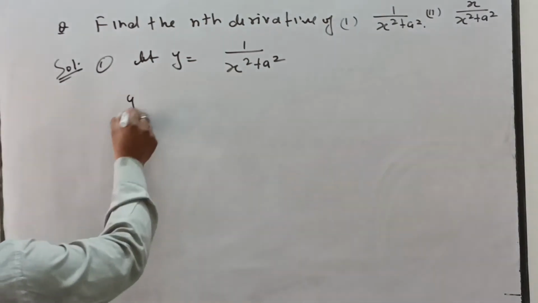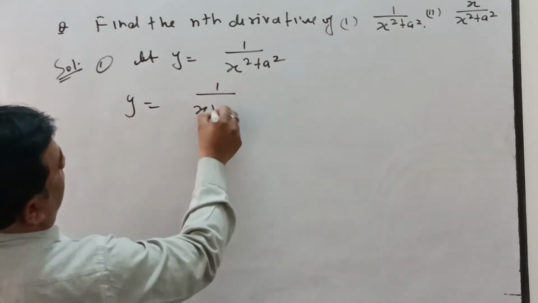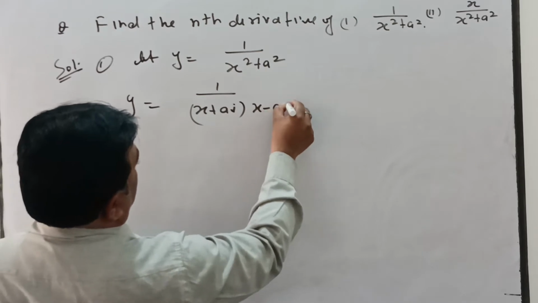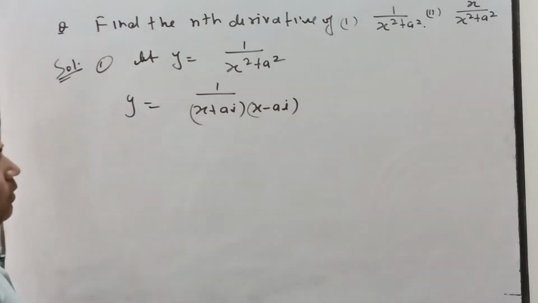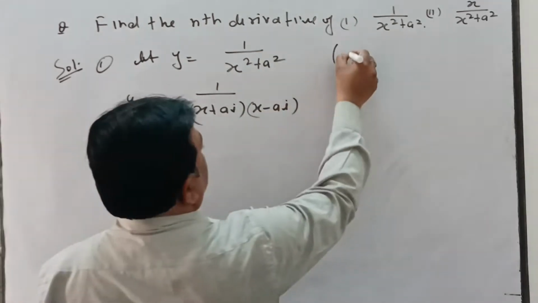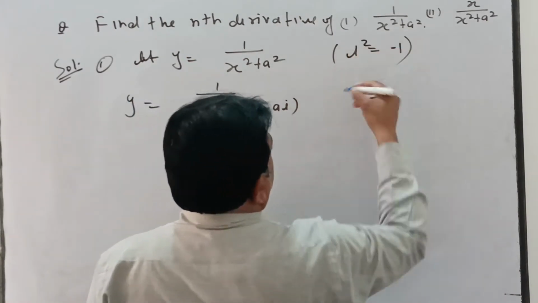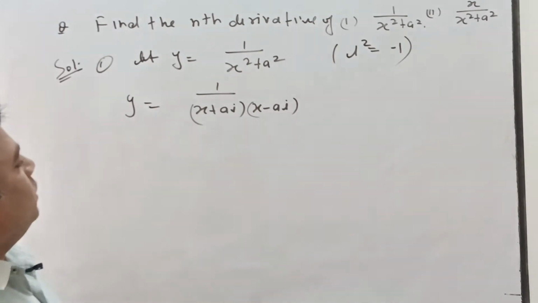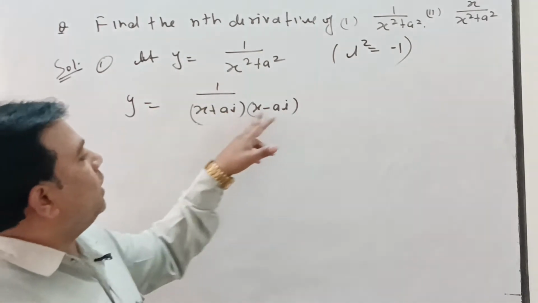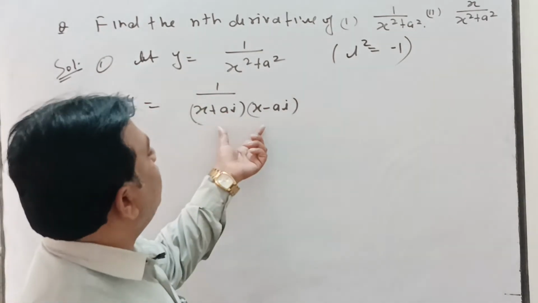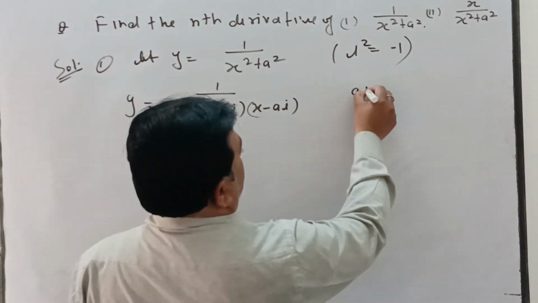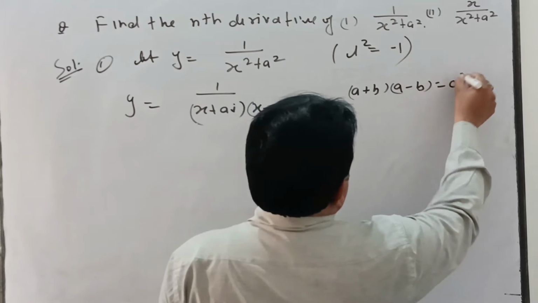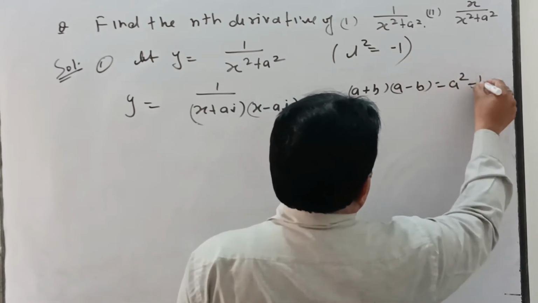So write y equal to 1 upon (x plus ai) times (x minus ai). Here we know that i square equals minus 1 in complex numbers. Then this is the formula: the product of a plus b and a minus b is a square minus b square.